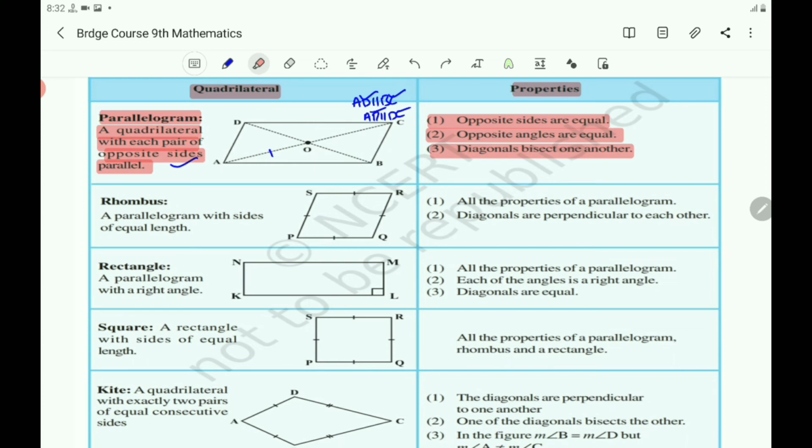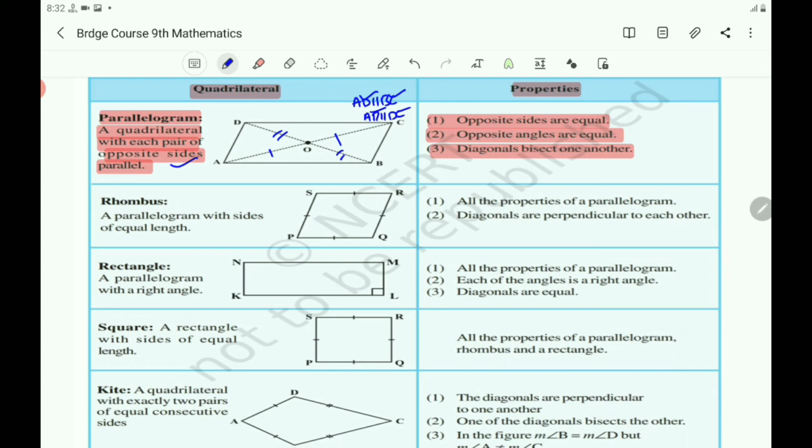Similarly, DO equals BO. Diagonals bisect each other. That is the main property of the parallelogram. Opposite sides are equal, opposite angles are equal, diagonals bisect each other.